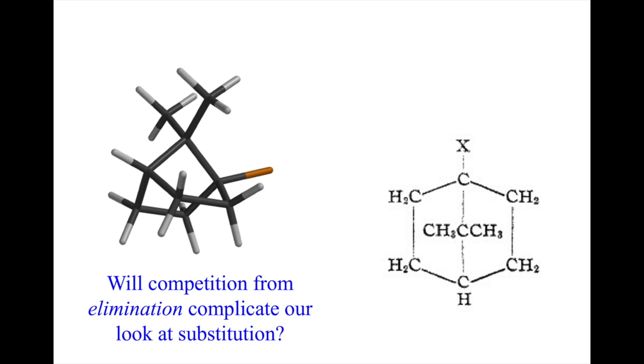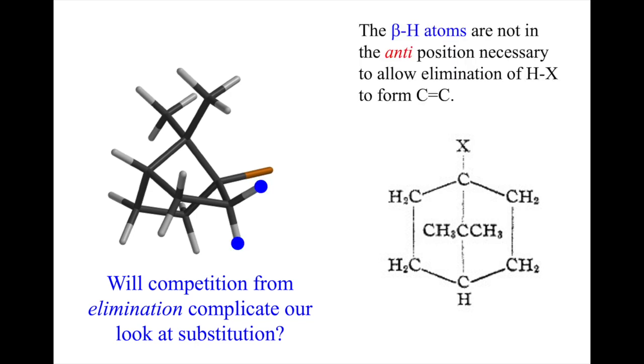Another thing we can think about is, what about elimination? Is that going to mess us up? Actually, it's not. If you remember, the E2 reaction needs that proton to be anti-periplanar to the leaving group, right? And these blue hydrogens there are not anti-periplanar like they need to be. They're actually gauche, right? They form a 60-degree dihedral angle, and so I can't get that double bond.